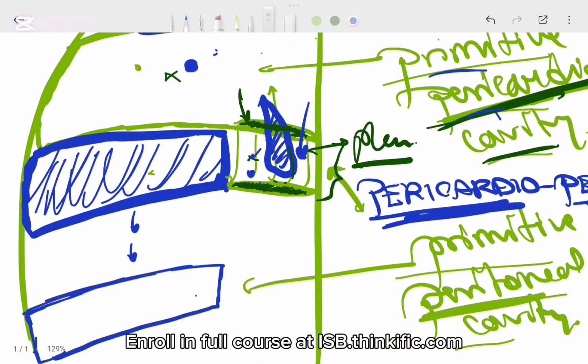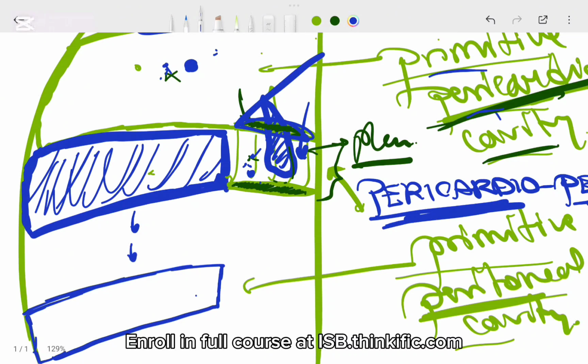This membrane, which we have called pericardio-pleural fold, or pleuropericardial fold, whatever you like, will be slanted like this. It will be more vertical.